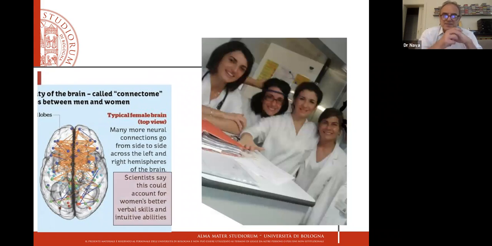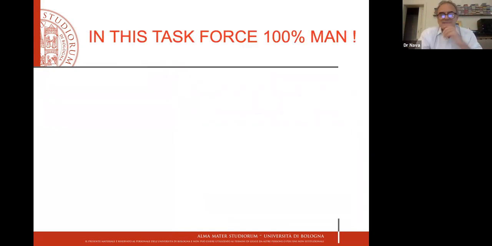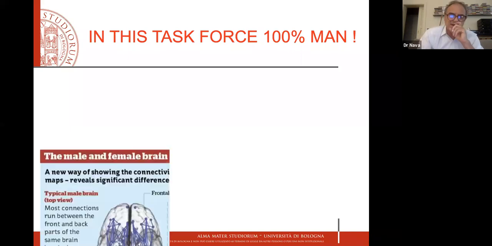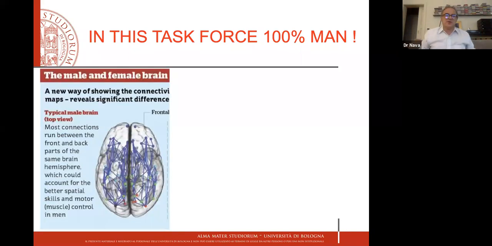This is why I always hire female doctors in my unit. What about men? I remind you that in this task force, 100% of the people were men. Let's see what the male brain looks like. Easy, linear. Most connections run between the front and back parts of the same brain hemisphere, and scientists said that this could account for the better spatial skills and motor muscle control in men.